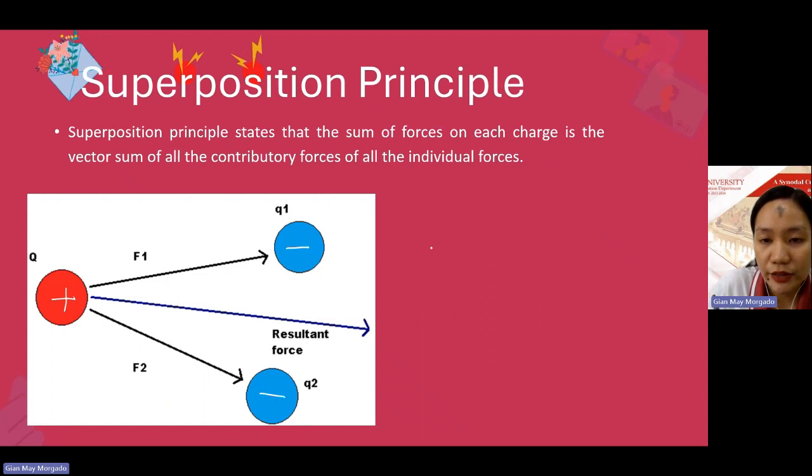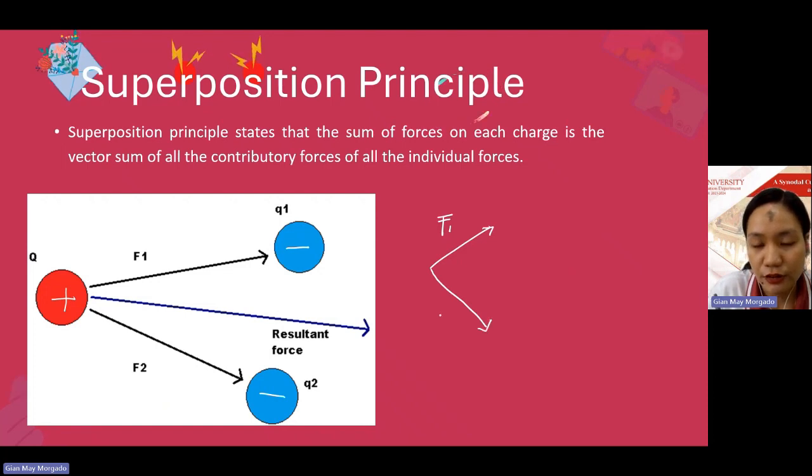So if you think about it, there is a force in this direction, which is the force of Q1. At the same time, there is also an attractive force in this direction, force 2. But we know that the particle will experience the sum of the two forces, and that would be the force at the center. So we will call this the net force, the summation of the two forces.